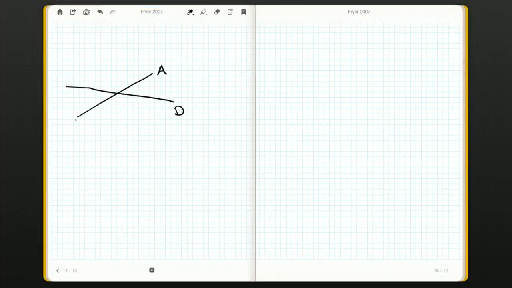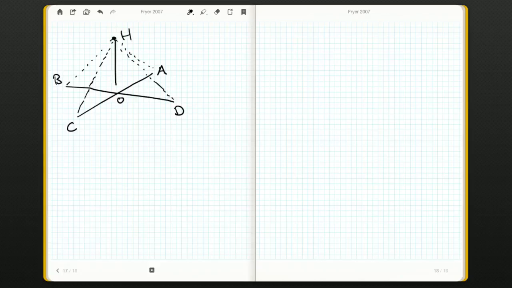D, A, C, B, we have O in here, we have H up here, okay, and we want this length right here.